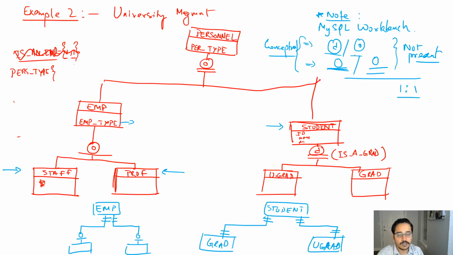So remember, when you go and try to implement EERM in MySQL Workbench, there is no representation for these notations. That is conceptual. Since the implementation is 1:1, you're still going to be using the notations of ERD in order to express the concepts of EERM.